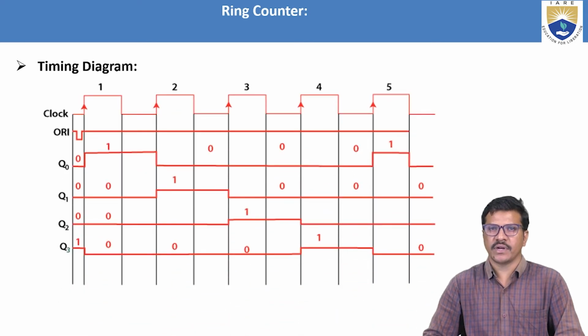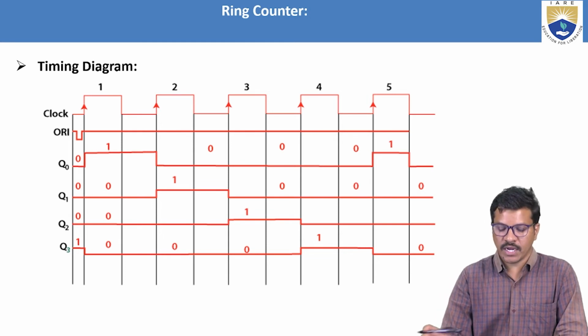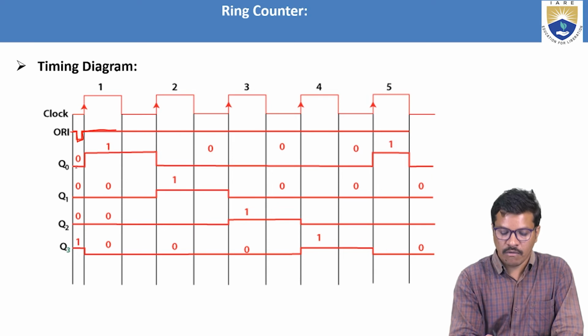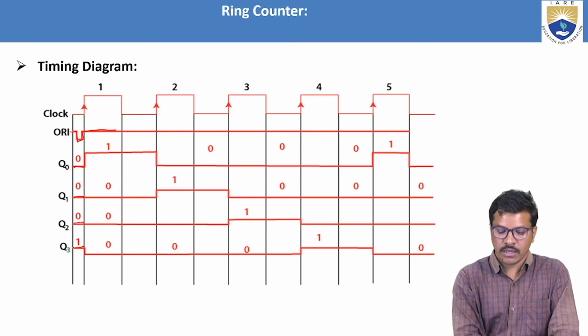This is the timing diagram for the one hot counter or ring counter. In the timing diagram, we just check that. What if the reset is logic low? When reset is logic low, all flip-flops Q0, Q1, Q2, Q3 are initialized.